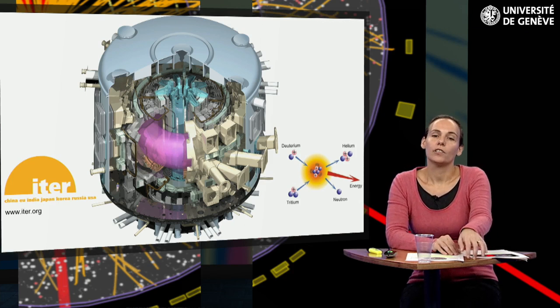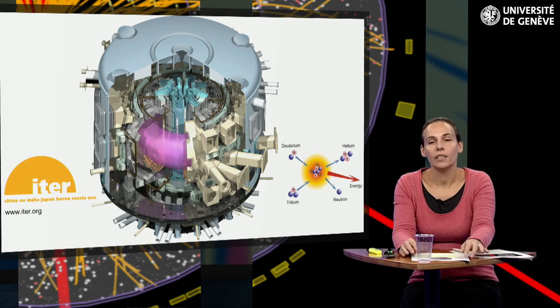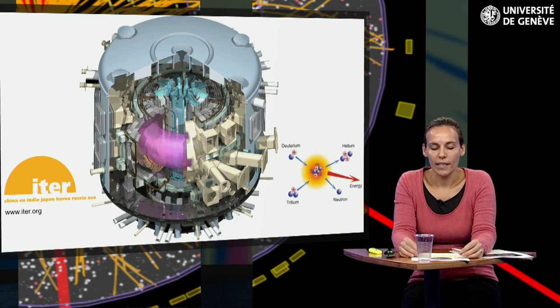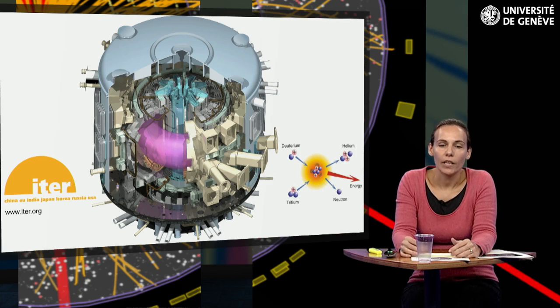The main difficulty for a fusion reactor is to maintain the fuel long enough at a sufficiently high temperature so that it can penetrate the Coulomb barrier often enough to have a sustained process.